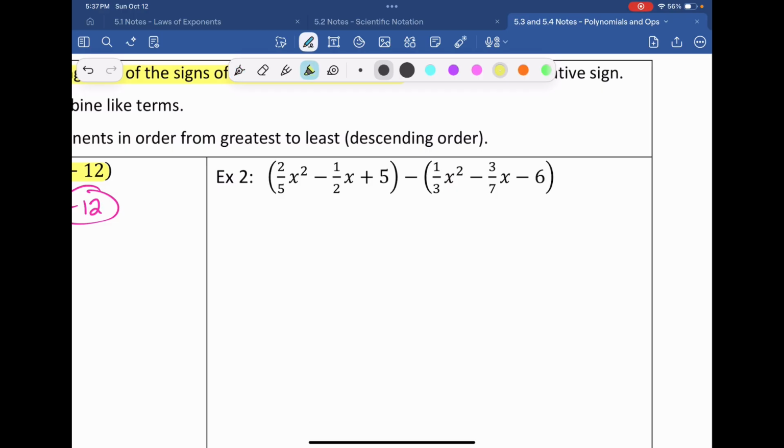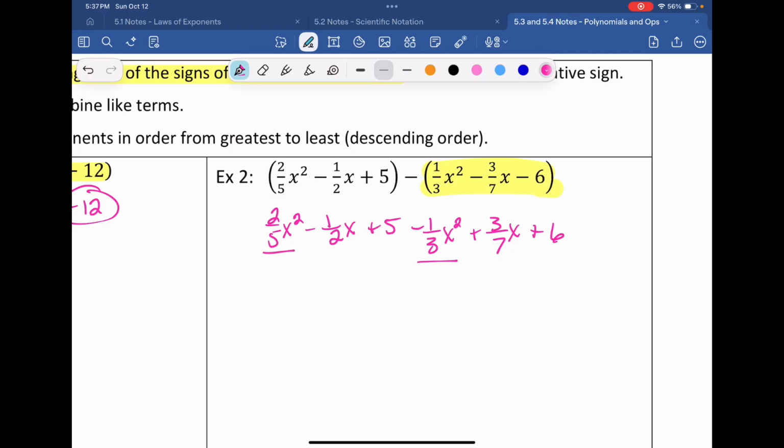Okay, change all the signs of the second polynomial. So negative 1/3 x squared, positive 3/7 x, positive 6. X squared. Again, doing this by hand. That's 15. So this isn't 1.